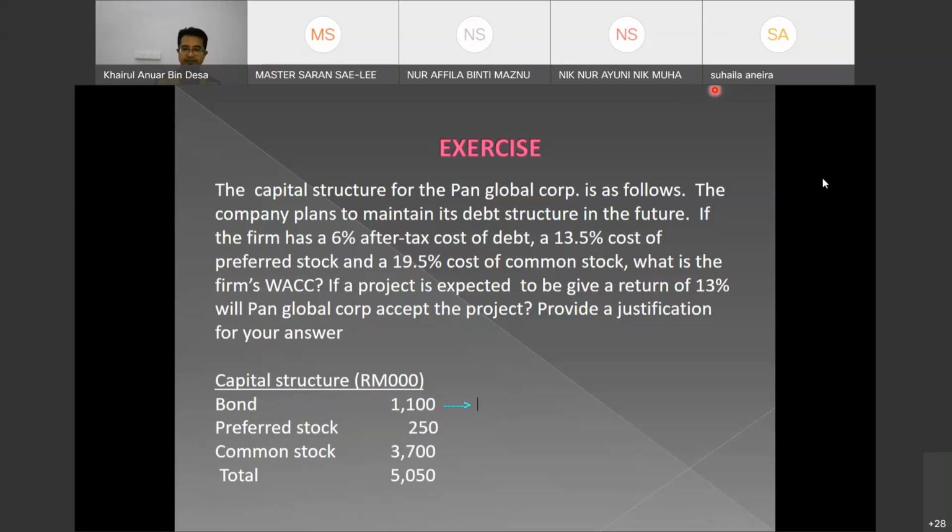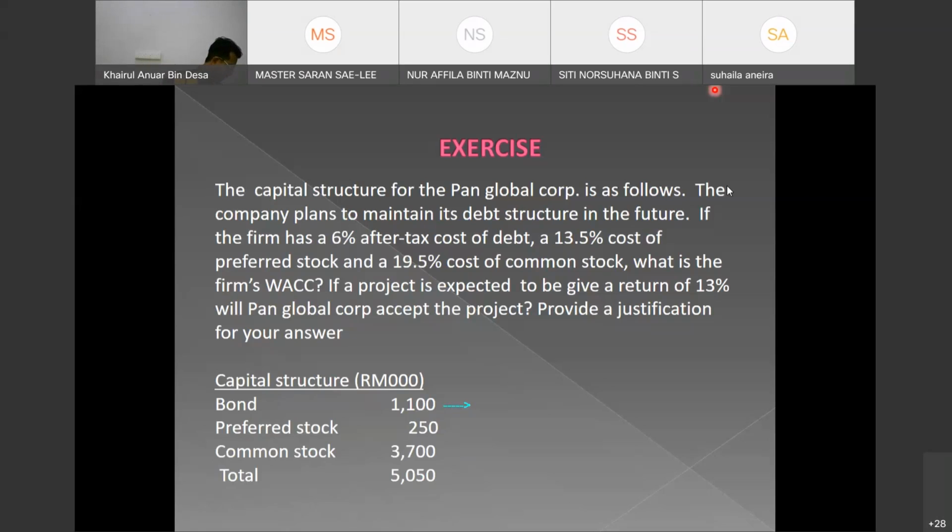Dengar tak? Yes. Berapa peratus bond ada dalam capital structure kita? Saya dah dapat 82.